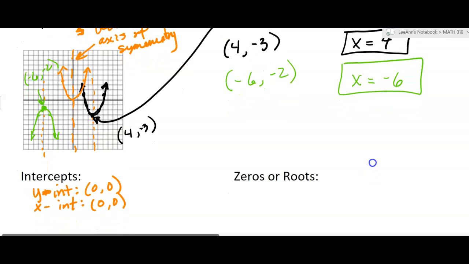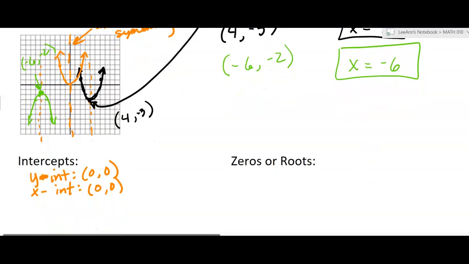For, let's see, I'm going to scroll this up a little bit. So for the black parabola, what do those intercepts look like? Well, we can't really tell. We could approximate them, and we'll find a better way to do it. But the x-intercepts, it looks like it's about 6.1 or something.